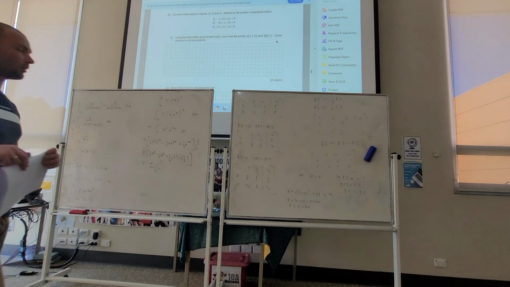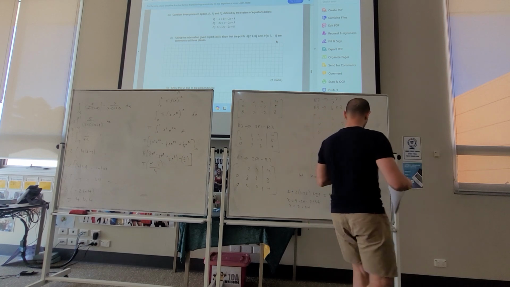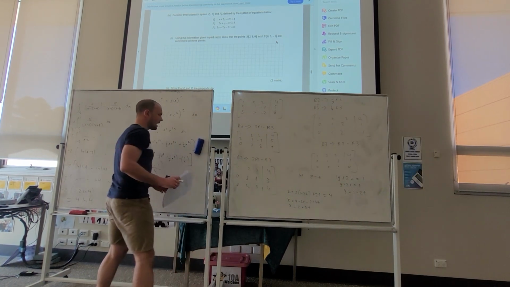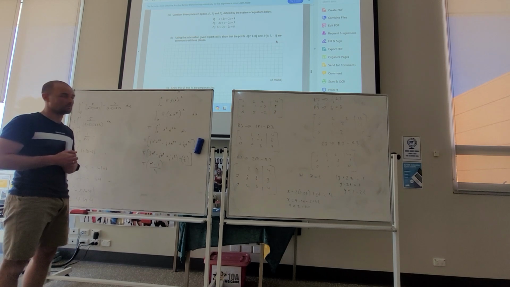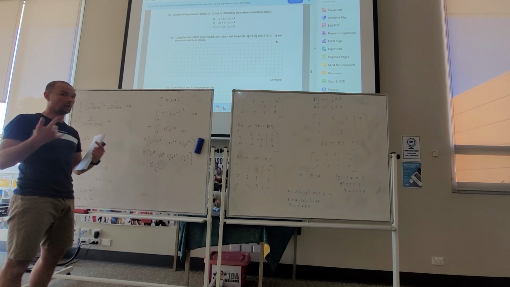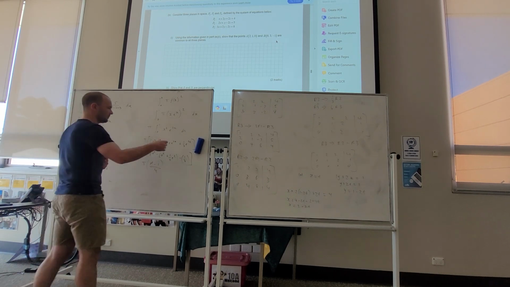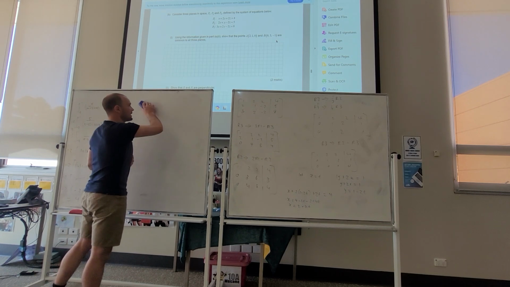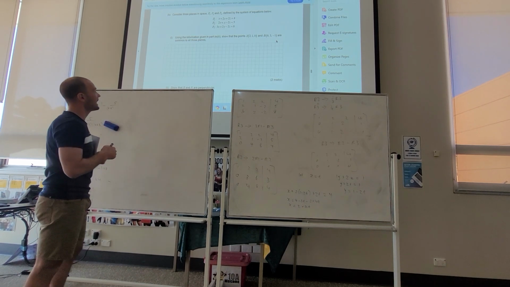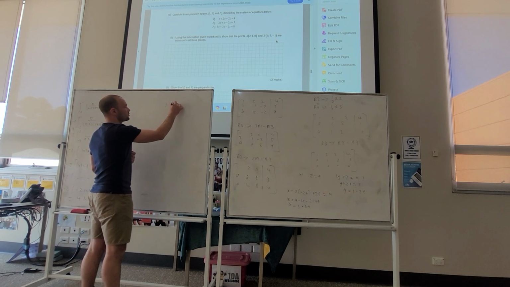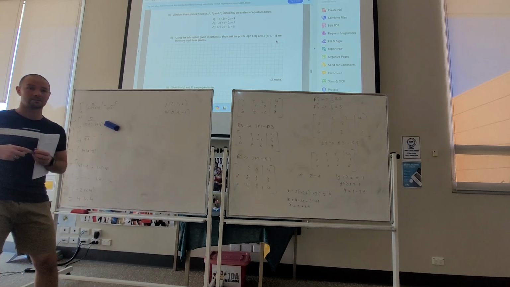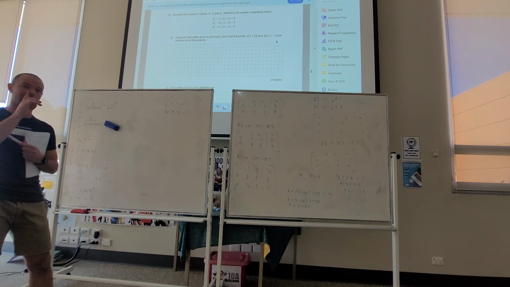Now, this is where quite often, there's questions where there's an easy way of doing it, and sort of it requires a bit of insight, or there's a long way of doing it, which just takes time. So what you're required to show is that point A, which is 2, 1, 0, and point B, which is 0, 3, minus 1, satisfies all 3 equations of the plane.